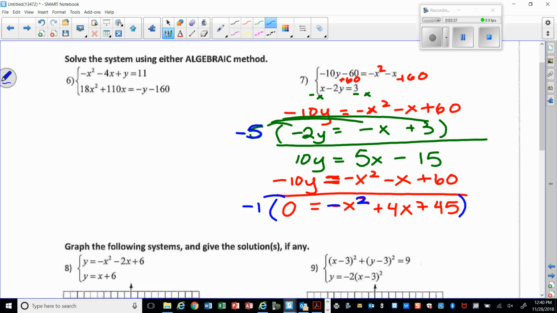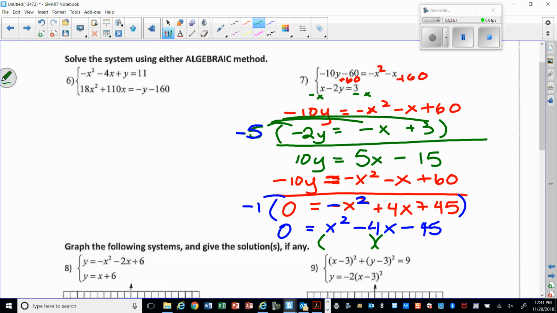You just distribute, so negative 1 times 0 is 0 equals, now that just changes the sign. So this is a positive x squared, a minus 4x, and a minus 45. And so now again, I have a quadratic, so I'm going to factor.